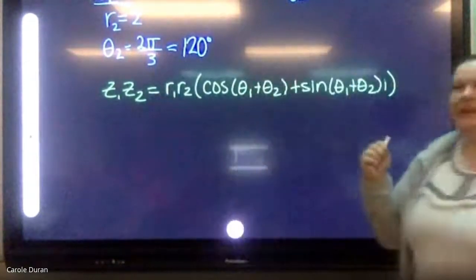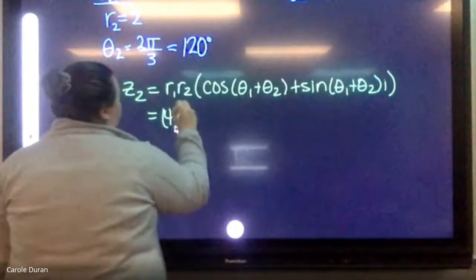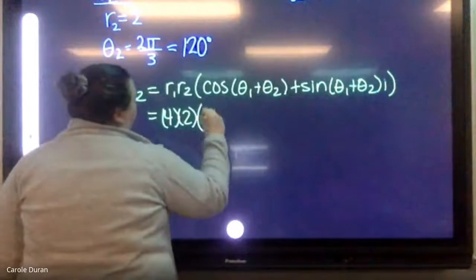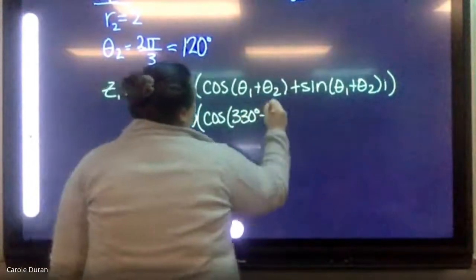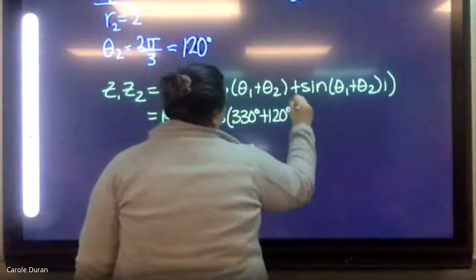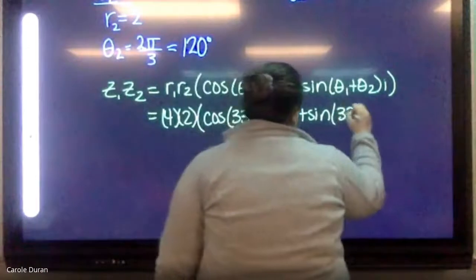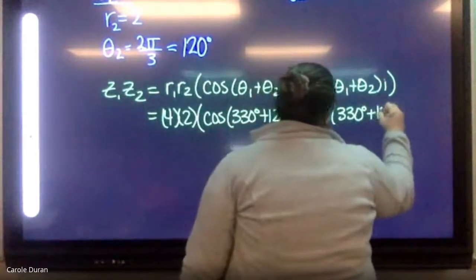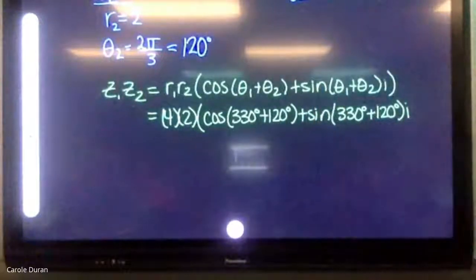Filling all of these in, we get 4 times 2 times cosine of 330 plus 120 plus i sine of 330 plus 120, and then we'll simplify it.